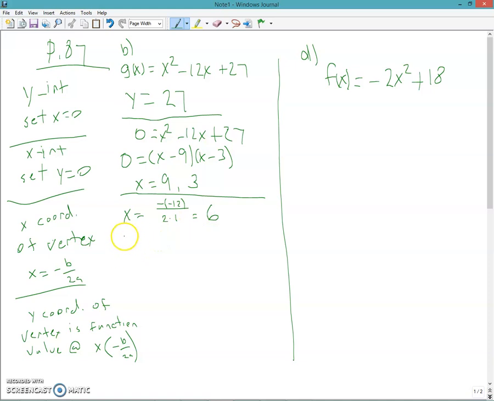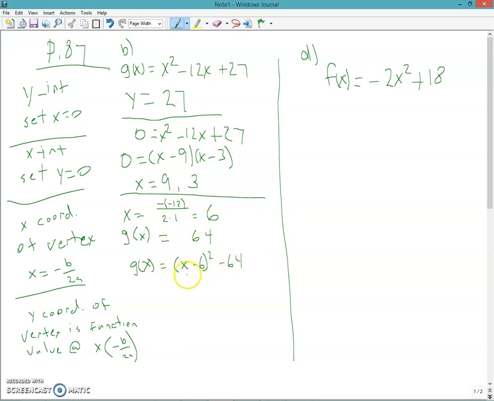And then how do we find the y-coordinate for the vertex? We do g of 6, and that gives us negative 64. So our vertex form for this function is x minus 6 squared minus 64.